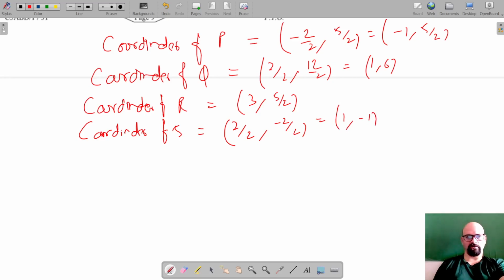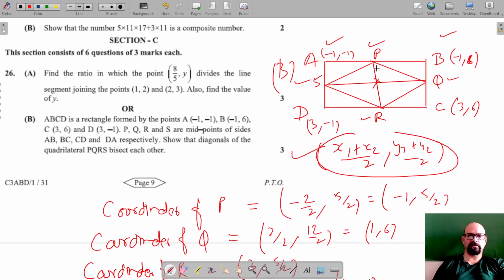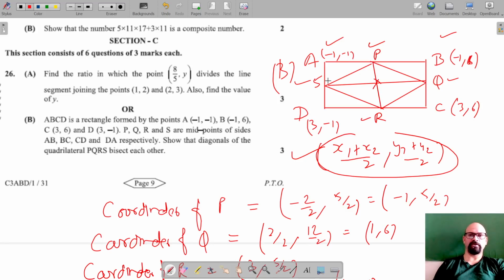So we have the coordinates of the midpoints, and now we are going to find the coordinates of the midpoints of the diagonals. If the diagonals bisect each other, the midpoint of PR should coincide with the midpoint of QS. So let's find out the coordinates for PR and QS.